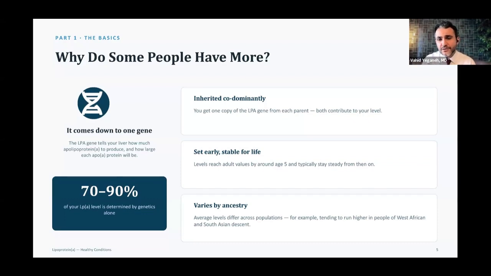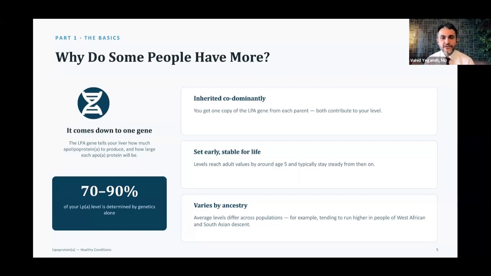Now, different populations will have different risk of having high Lp(a). If we look overall at the world, about 1 in 5 people, so about 20% of the population, will have an elevated Lp(a).